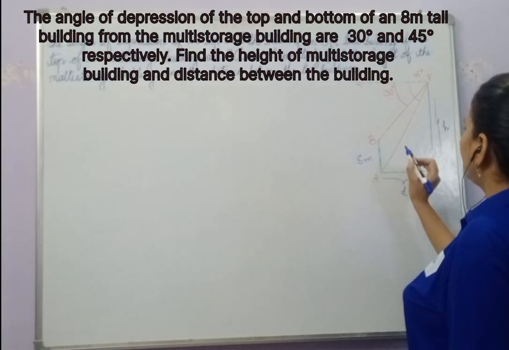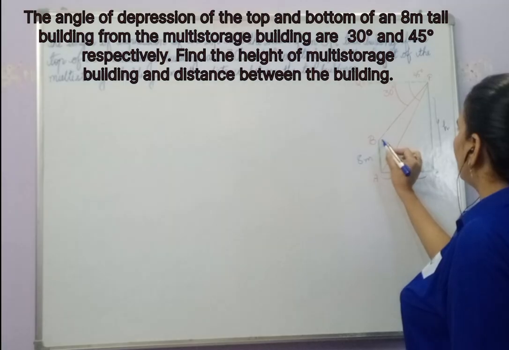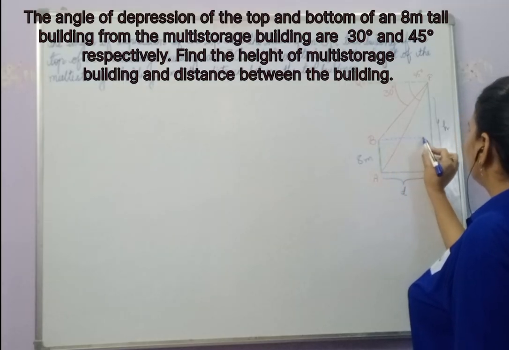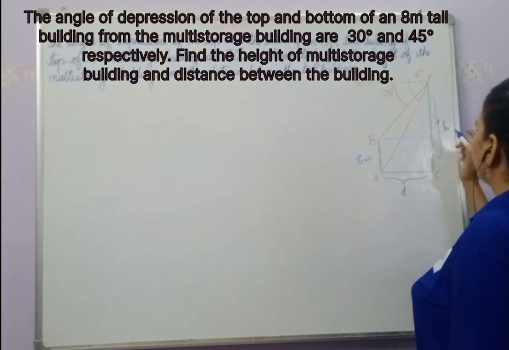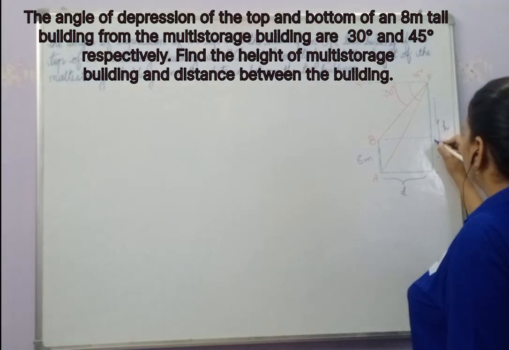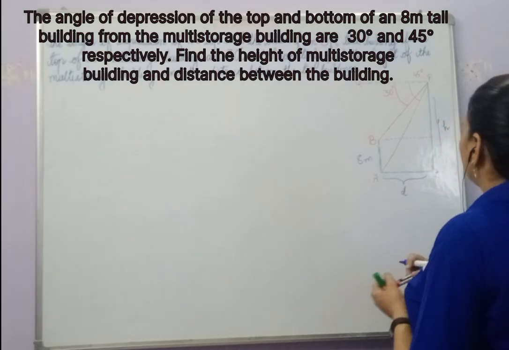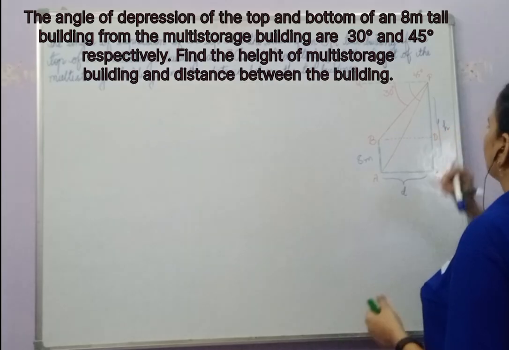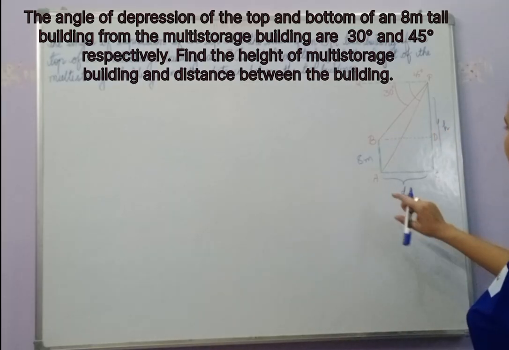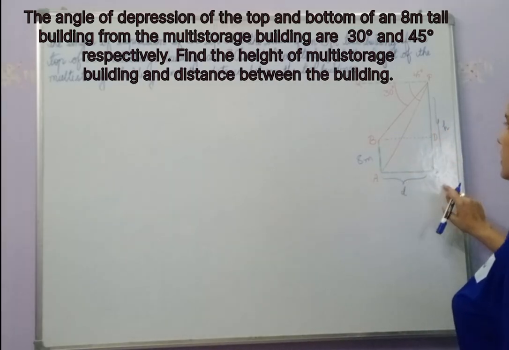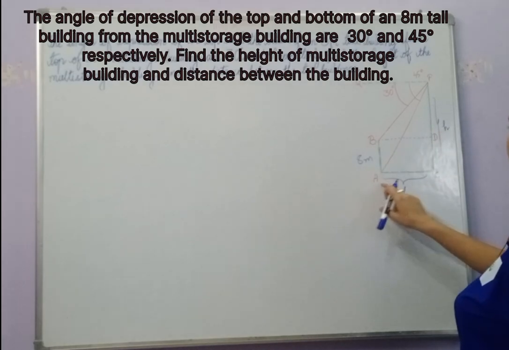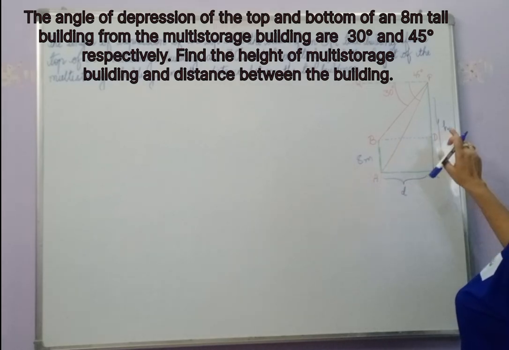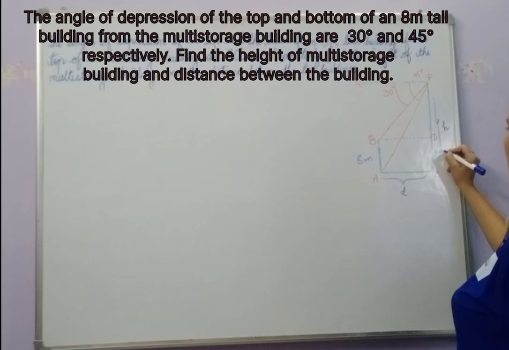right? So what I can do, I'll draw a parallel line here, and I'll write it D. So see here, AB is equal to DC. AC is parallel to BD. They are parallel to each other, so this is also 8 meter.